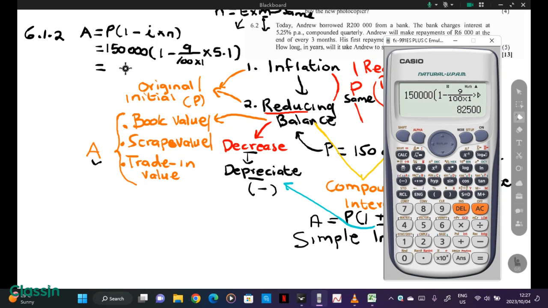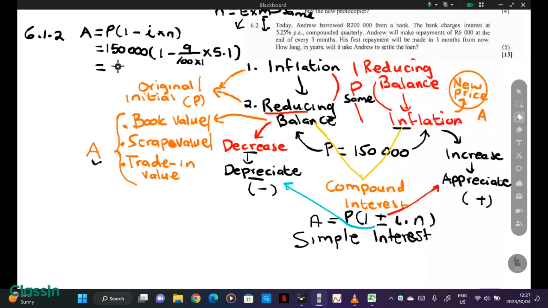So it means that the depreciated amount of the old photocopier will be 82,500. So that photocopier, which was bought at 150,000, after 5 years at the depreciating rate of 9% per annum, will be 82,500. Now, this is our 6.1.2.